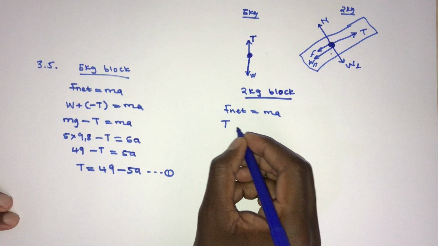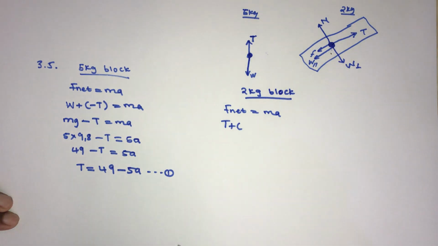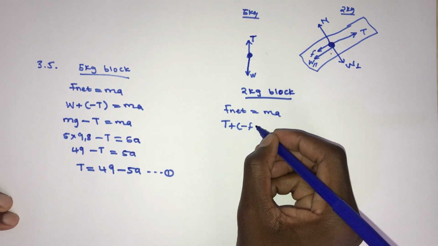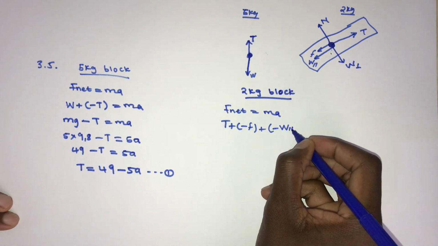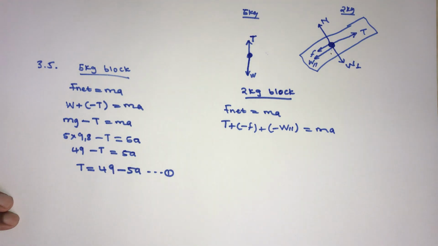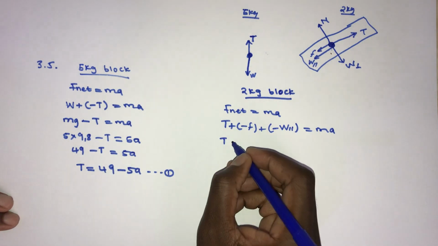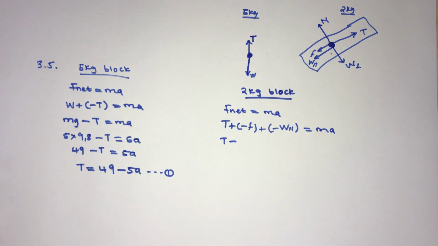So we have T plus, then the rest of the forces that are opposing take the negative sign. So we have negative friction plus negative weight parallel is equals to ma. So now tension, we don't know the tension, minus frictional force. Already we did calculate the frictional force.